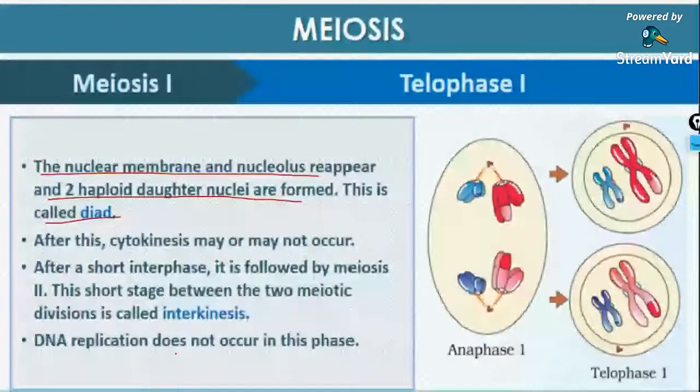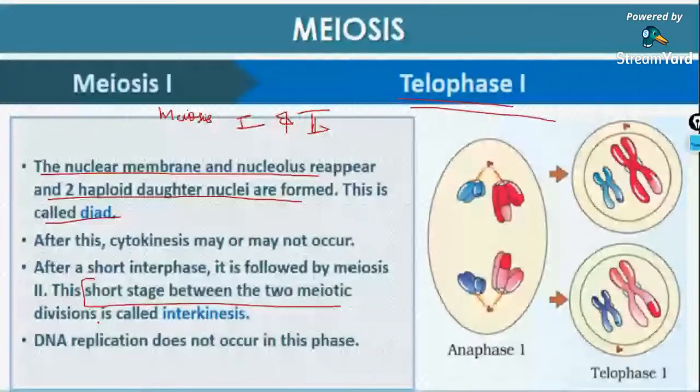Each nucleus consists of half the number of chromosomes, but it consists of a double amount of DNA.